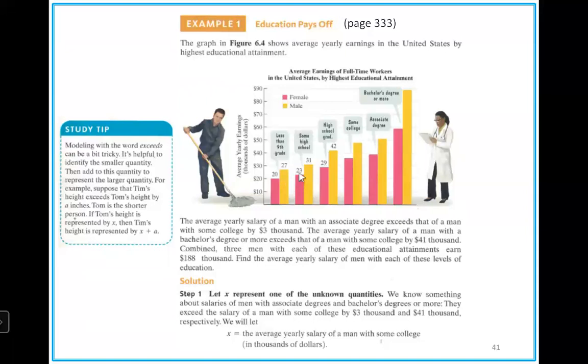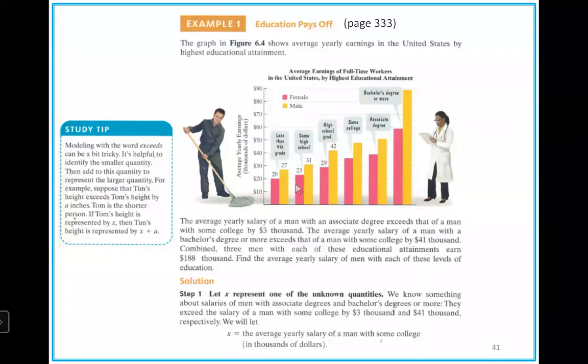Now, looking at the graph, you notice that there are 2 colors. What are the 2 colors indicating? Pink and yellow. What do they indicate? Oh, sorry. Female and male.